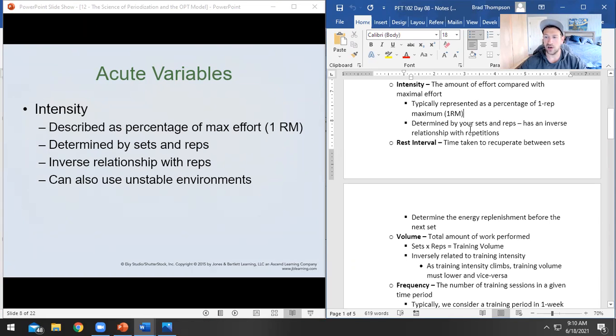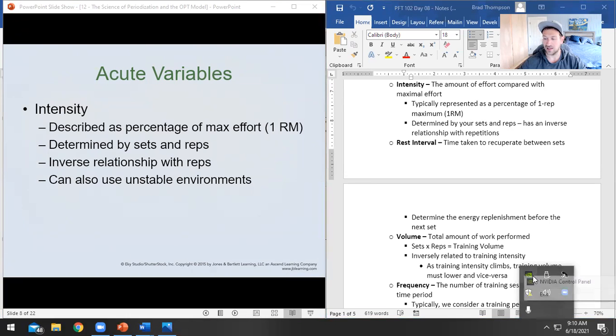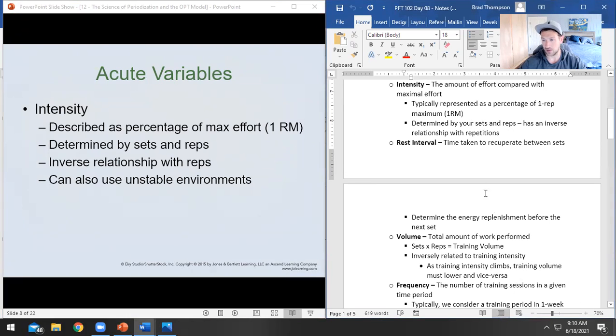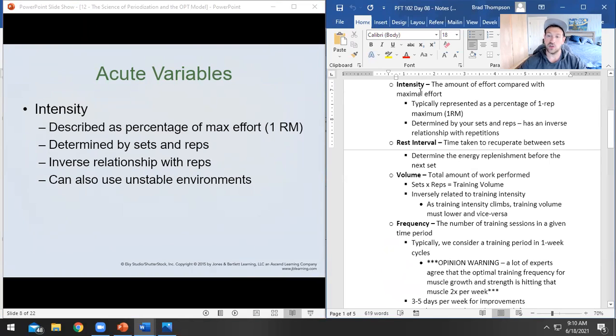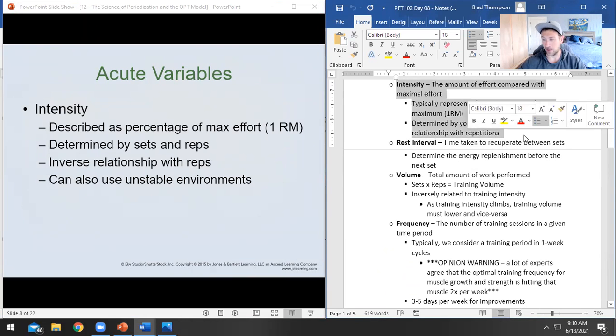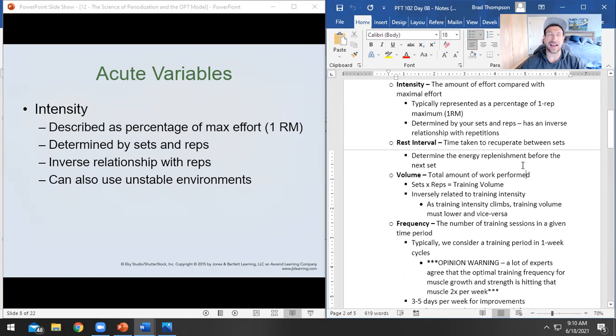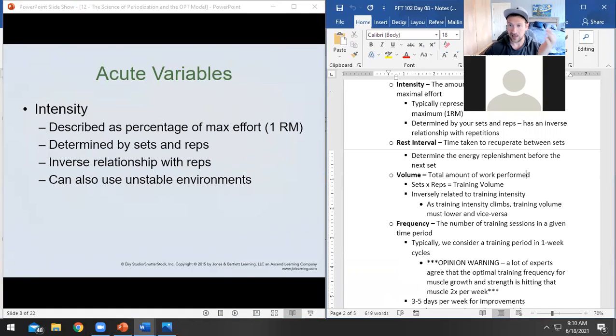So again, we are trying to hit very specific energy systems, and we're doing that by hitting very specific rep ranges. Your intensity can help you with that. Let's say you didn't go into the gym with a number of reps that you're trying to hit. You're just going to put 75% of your 1 rep max on the bar and see how many you can do.